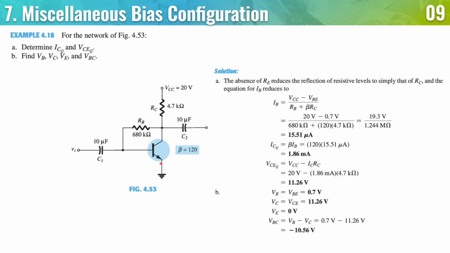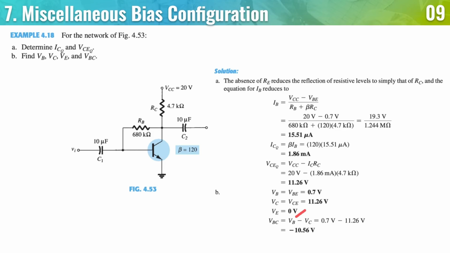So IC is equal to beta IB. VCE is equal to VCC minus ICRC. VBE is equal to VB minus VE. So that's just going to be VB minus 0, so that's just going to be 0.7. VC is going to equal VCE because the emitter is at ground.